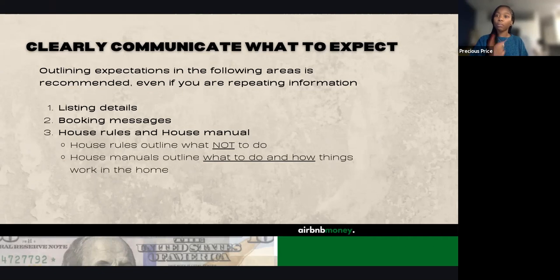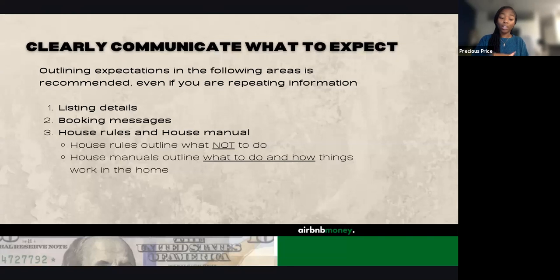At that point, if Airbnb sees on the messenger, and we say always communicate through messenger, that this guest never reached out about the issue, and this is something you also could not avoid, let's say you have a leak within your sink and they're just trying to put a bowl under there, and then they put in the review that there was a leak under the sink, it was terrible, very ghetto in there. You can get that review removed because you told them in the house rules, let us know if anything goes wrong and we can fix it.